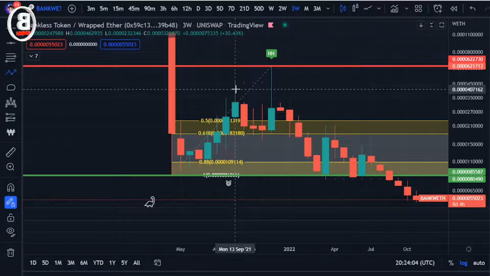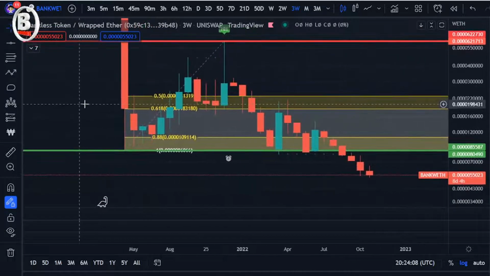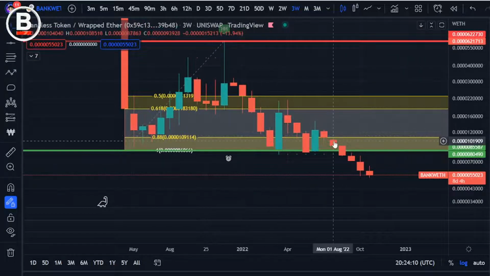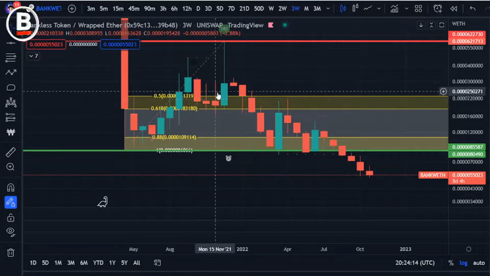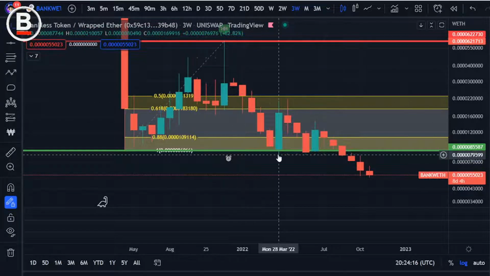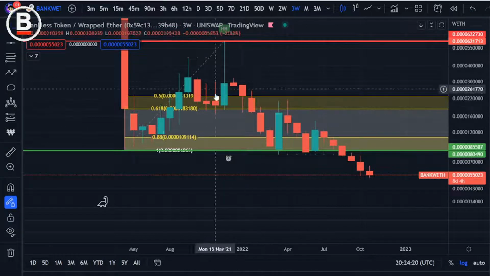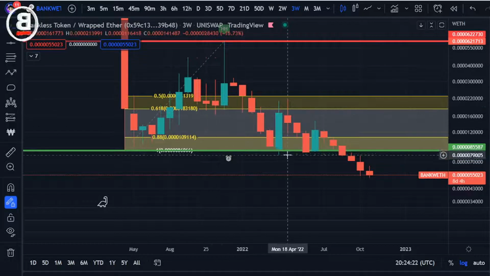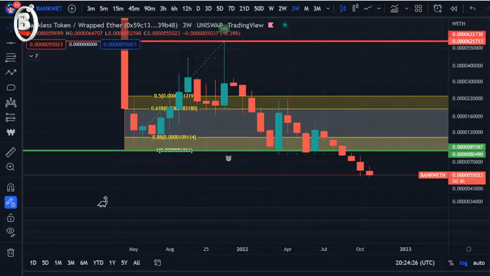Here's just another kind of visual way to show this. Call these golden pockets. Shorting from these ranges would have been very good opportunities. Likewise, when we're in uptrends, these are great areas to find value to accumulate.